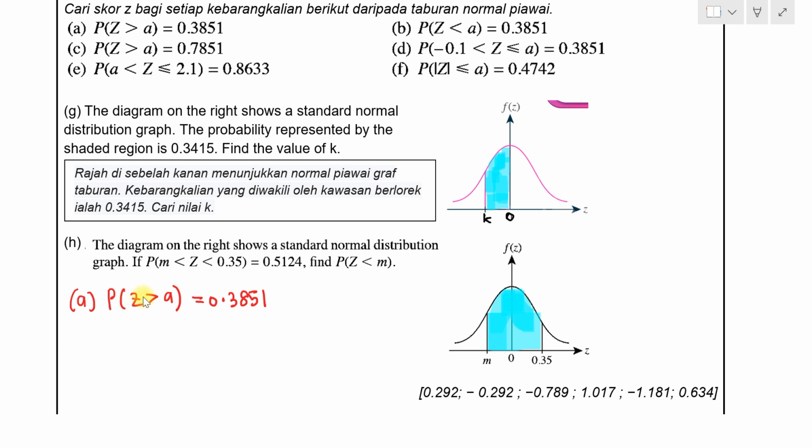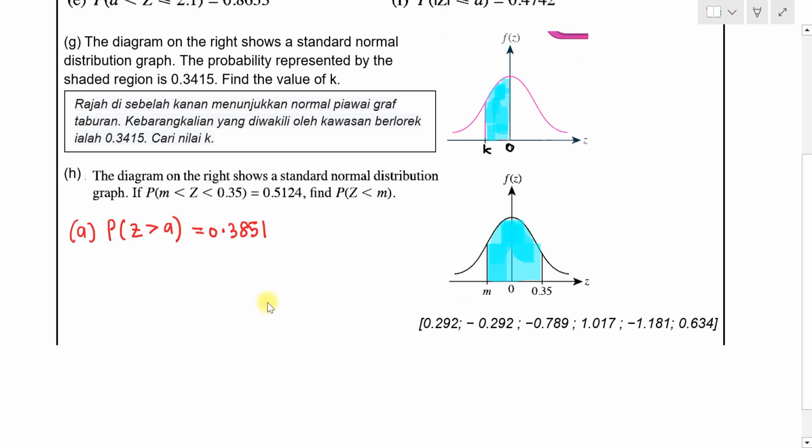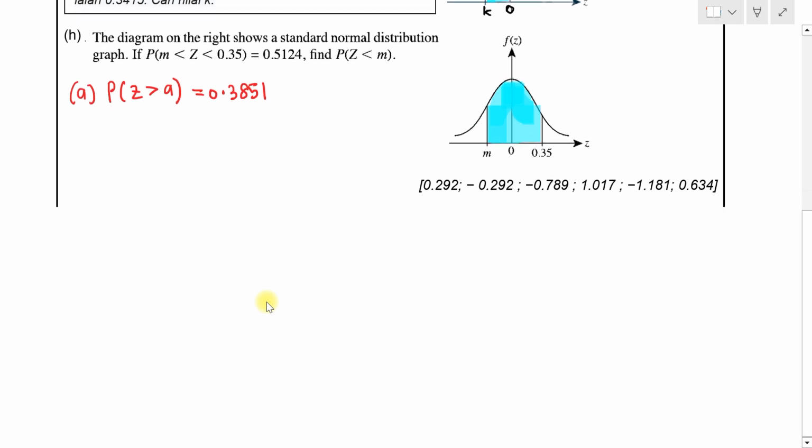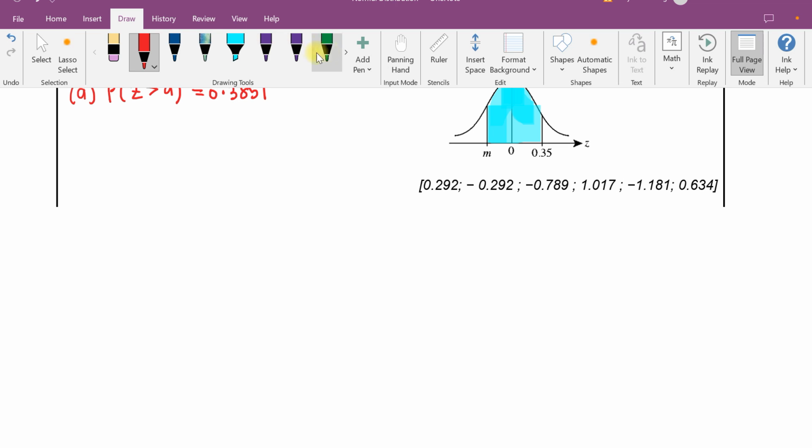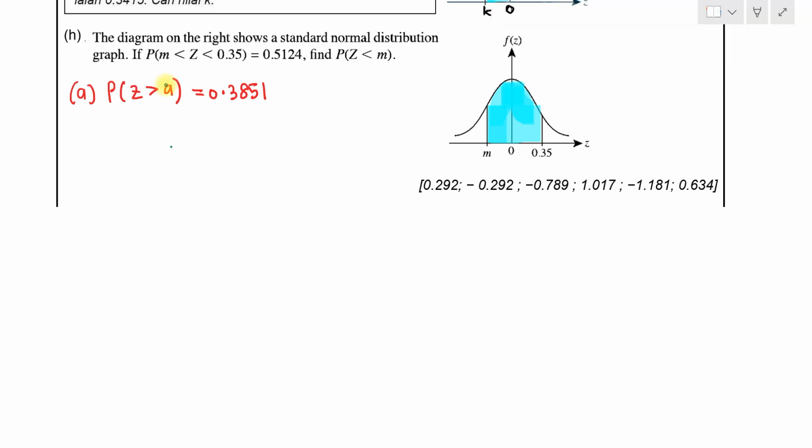You are given the probability Z greater than A equals 0.3851. What is the important thing you need to watch out for in this type of question? You need to observe whether this probability is more than 0.5 or less than 0.5.